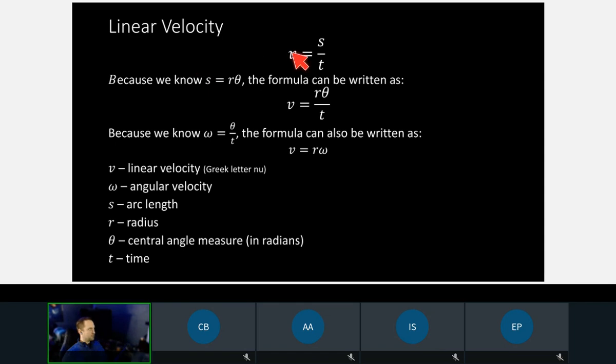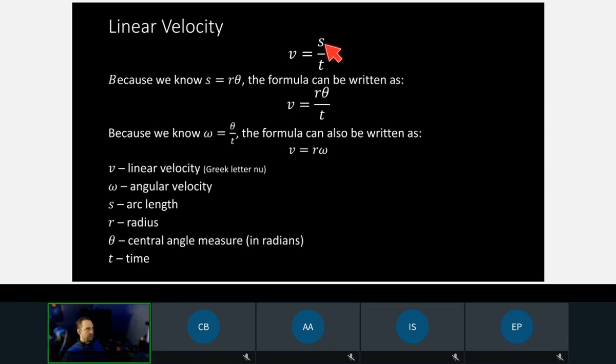All right, so velocity, this little italicized V, this is the Greek letter nu, N-U, nu. So that's pretty easy, V for velocity, right? But it's the Greek letter nu. So this linear velocity formula is going to be your sector length divided by time.